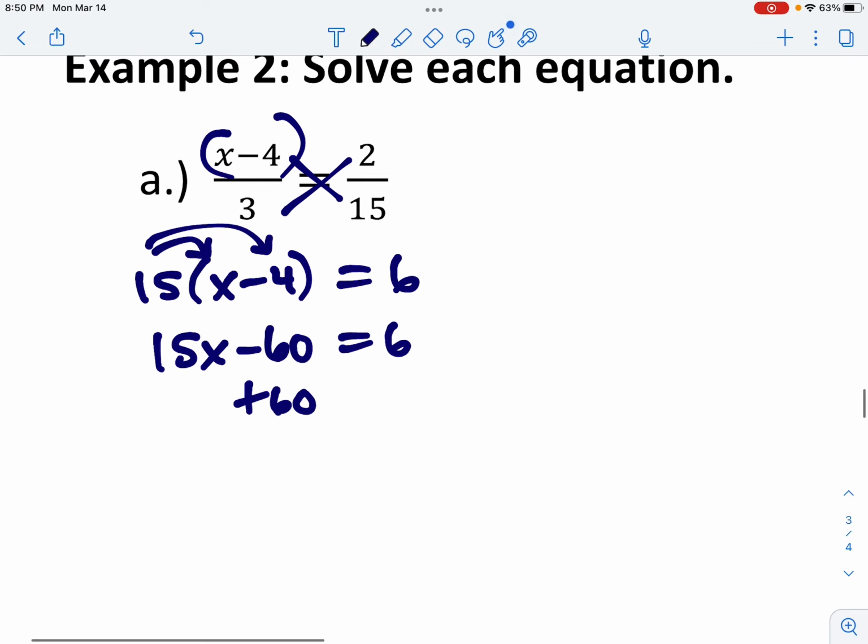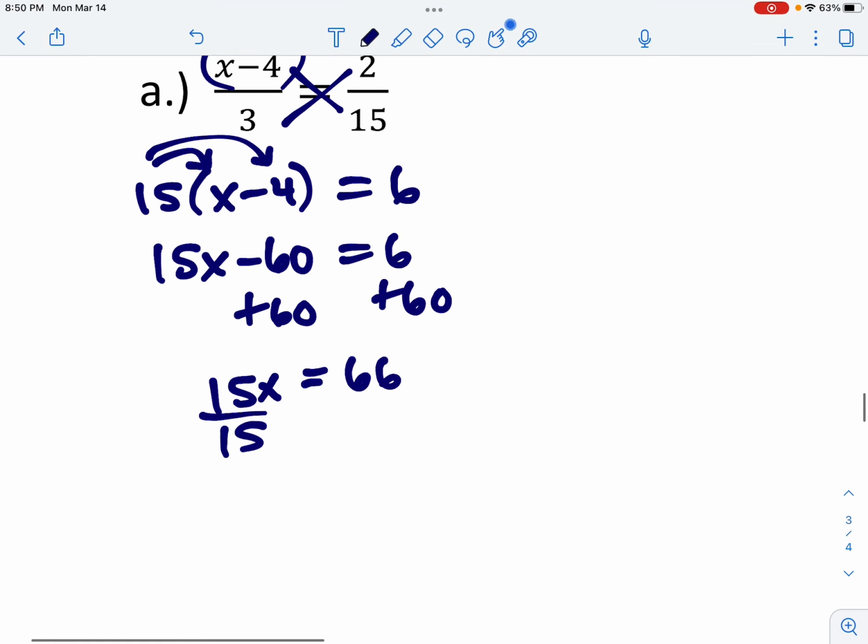Add 60 to both sides. 15x equals 66. Divide by 15. x equals, and then we can simplify, 22 over 5, if we divide both by 3.